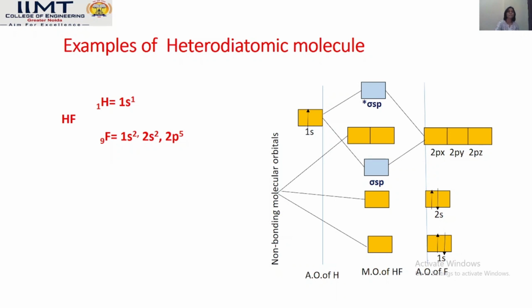The 2p orbitals contain 5 electrons. So first they are singly occupied, 2px, 2py, 2pz. Now pairing is going to start.